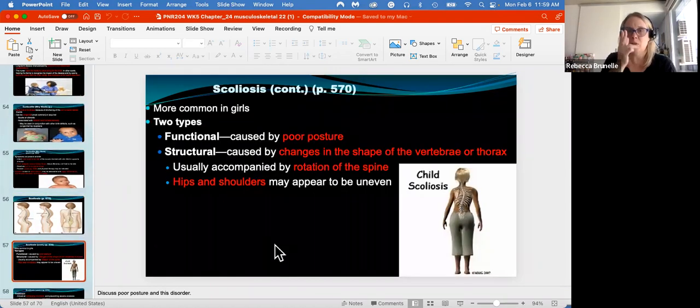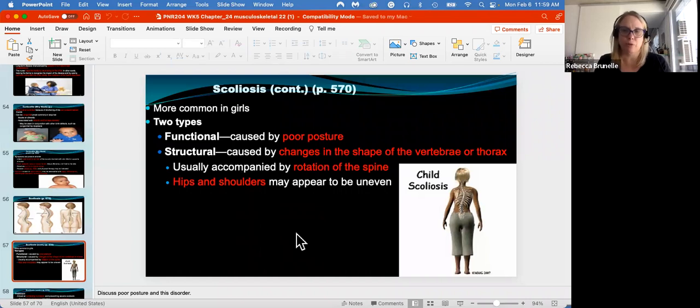Yeah. So there are 2 types. Functional would be where, just because of your posture, you've ended up with this curvature. And then structural, where there's something wrong with the shape of the vertebrae. You can end up with problems with both your hips and your shoulders, depending on the degree of curvature.